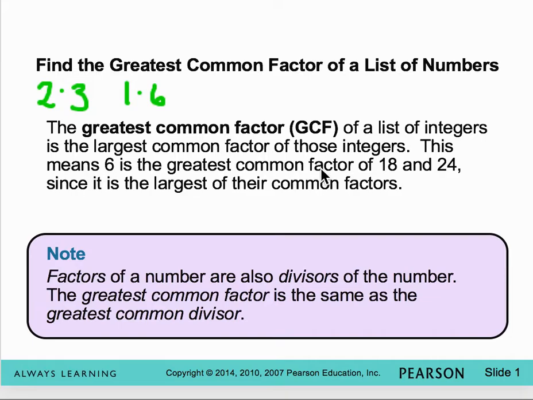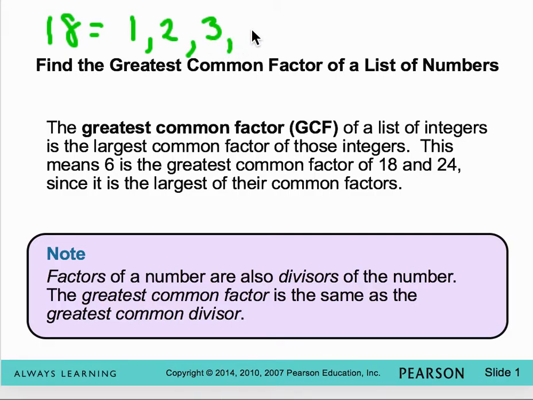If we want to list all of the factors of 18, it's 1, 2, 3. Now 4 doesn't go evenly into 18, or 5, but 6 does, and 9 and 18.